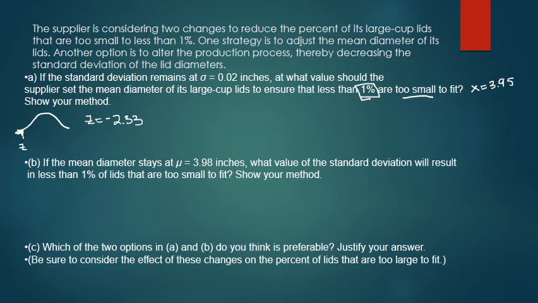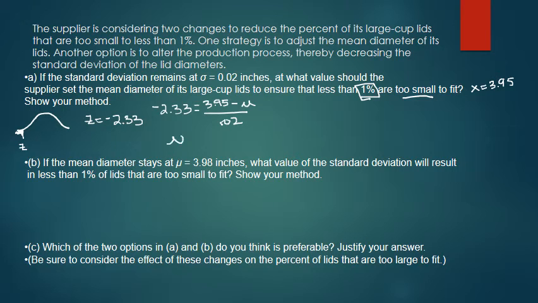Right? Then we're going to use the z-score to find the value of x. So the z-score is equal to, or sorry, not the value x, the mean. The lower bound is 3.95. We want to find out what mean would go with that. And the standard deviation we decided would stay the same. So then again, we just multiply both sides by 0.02. We're going to subtract 3.95 from both sides and then change the signs.